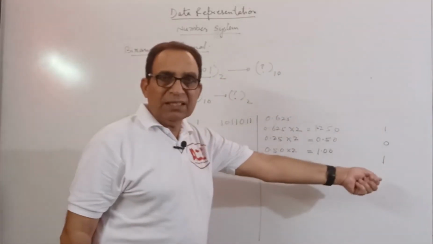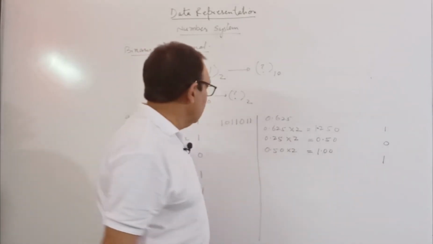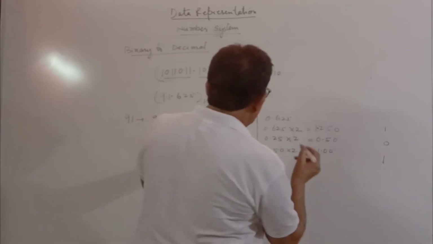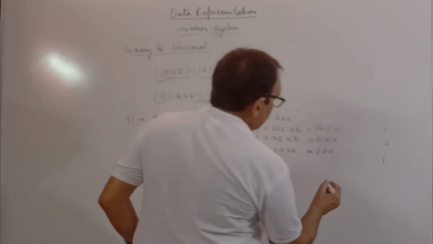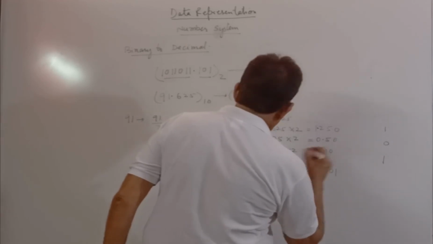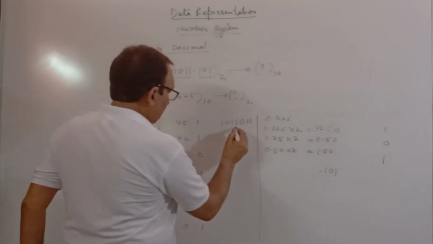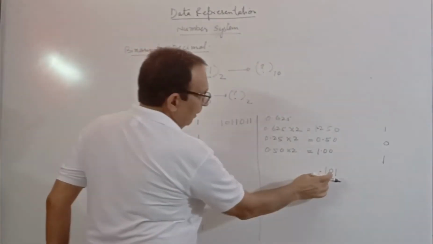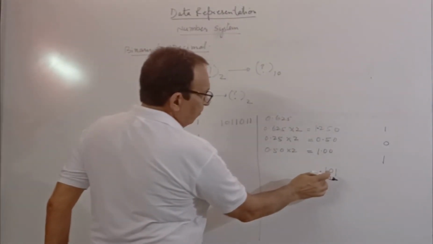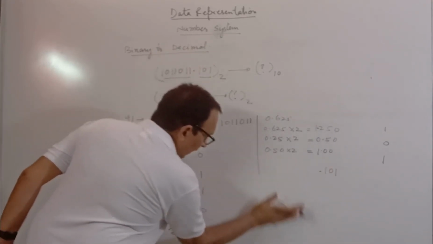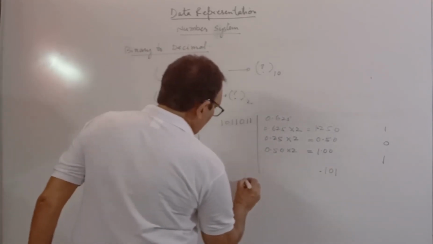Write these numbers in sequence after the decimal, it will be .101. This was equal to 91 and this part is equal to 0.101.